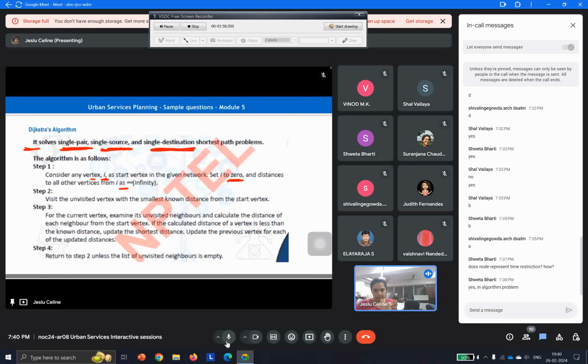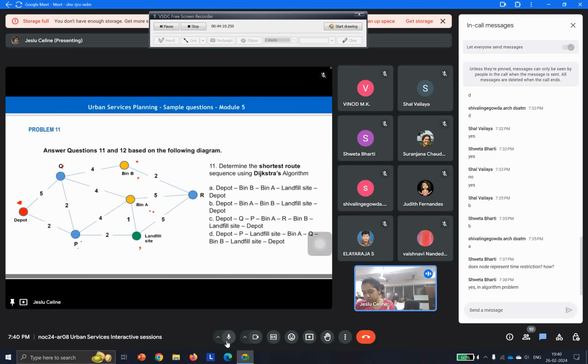So we go to the unvisited vertex with the smallest known distance. For instance, take Q and P. To decide whether we want to go to Q or P, we know that to come to P from the depot, it only takes 2. So that's the minimum. So we will go to this one.